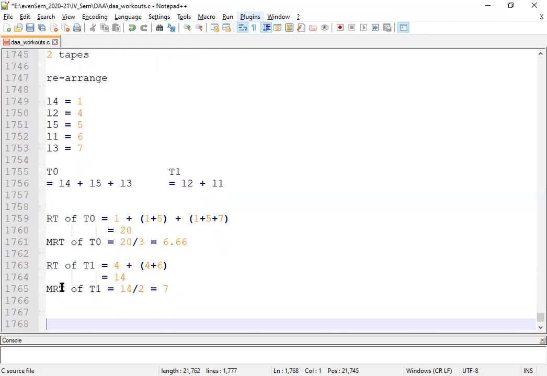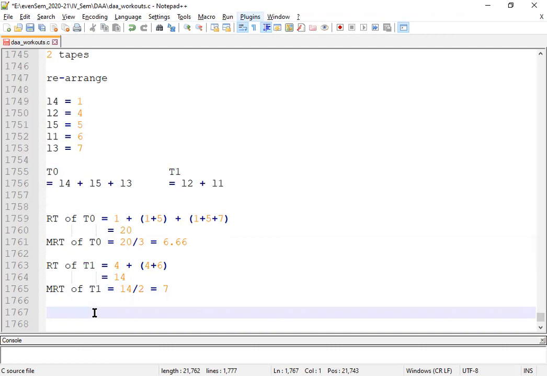Right? Now, if you look here, we are individually calculating the mean retrieval time of T0 and the mean retrieval time of T1 with respect to their own tapes.